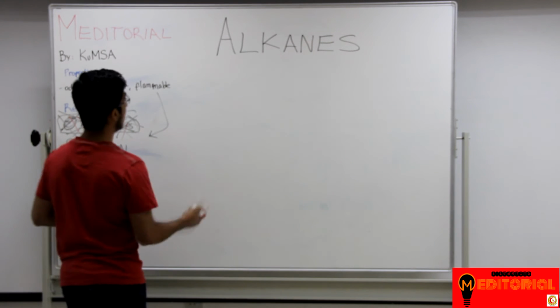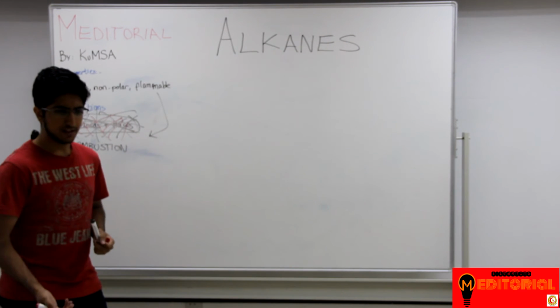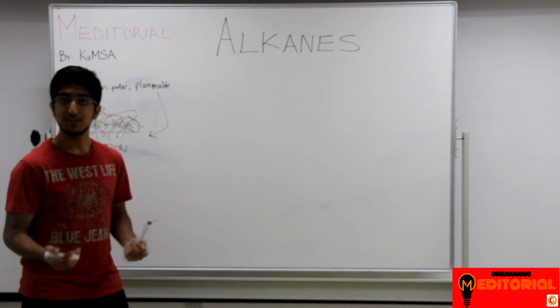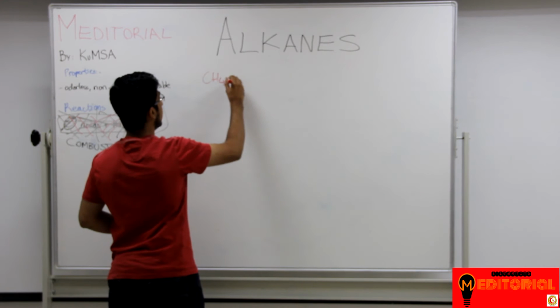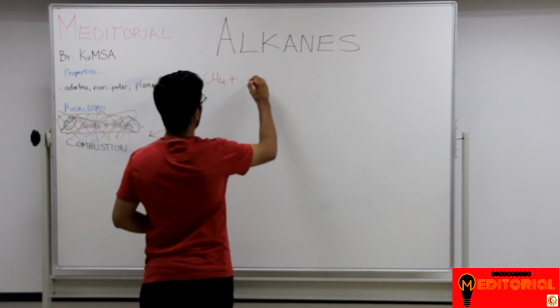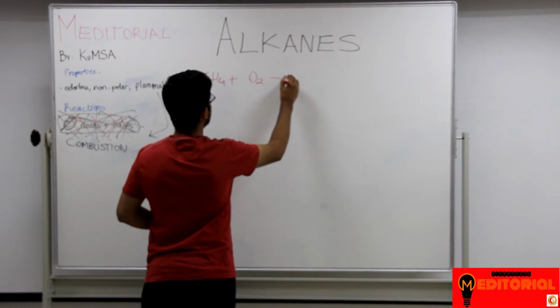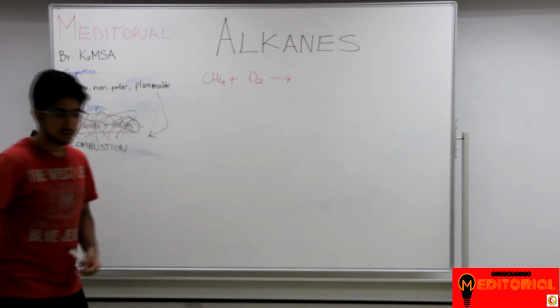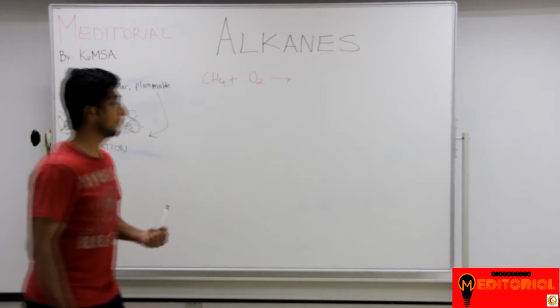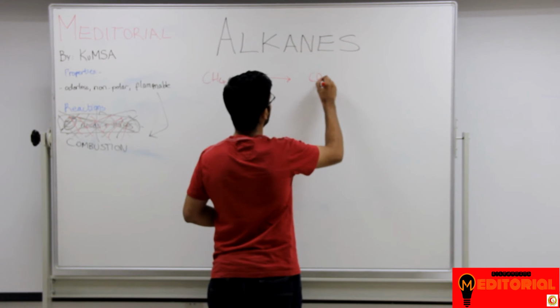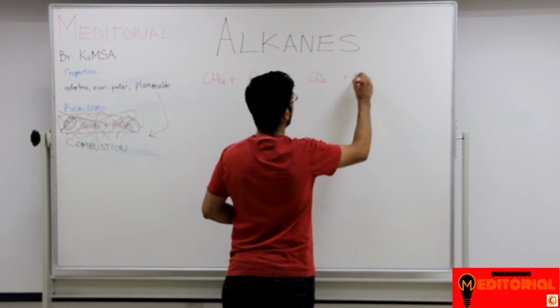So let's draw out an alkane. Very simple alkane. In fact, the simplest is methane. So let's draw methane. CH4 plus oxygen, O2. What does that give us? Complete combustion will give us carbon dioxide and water. So let's write some carbon dioxide plus water.